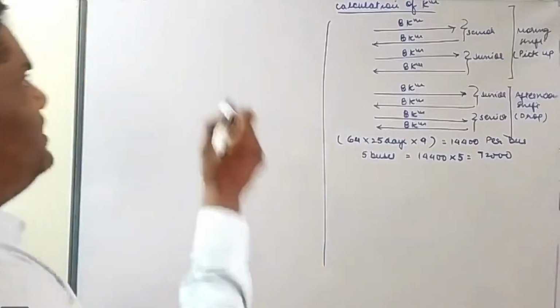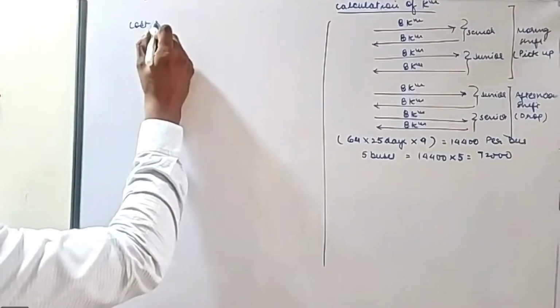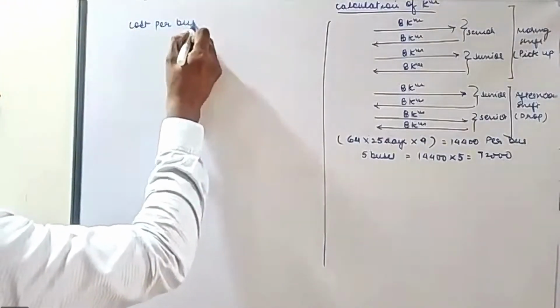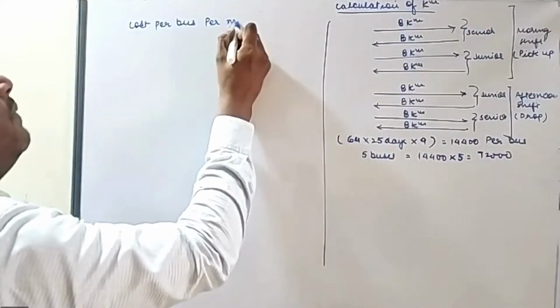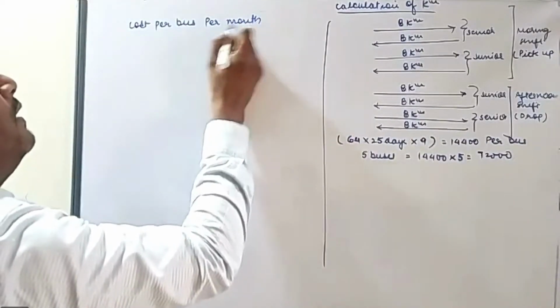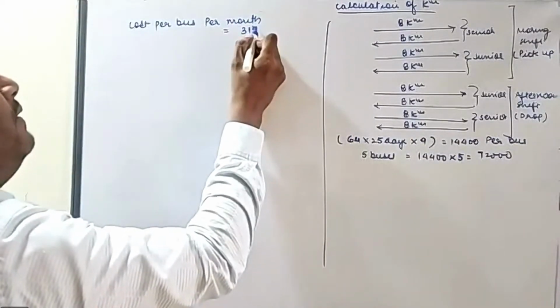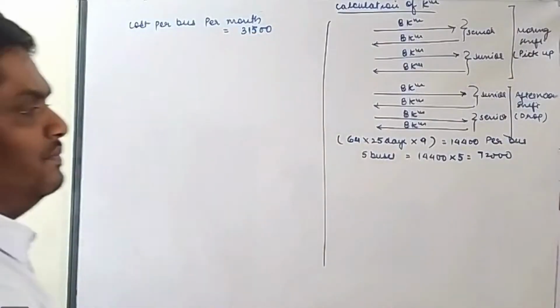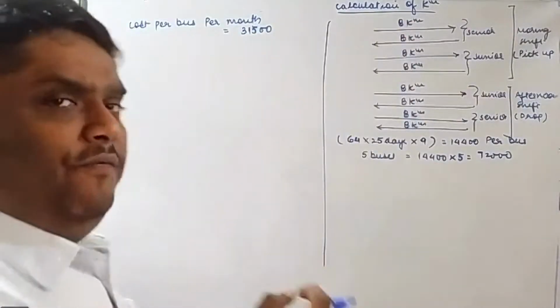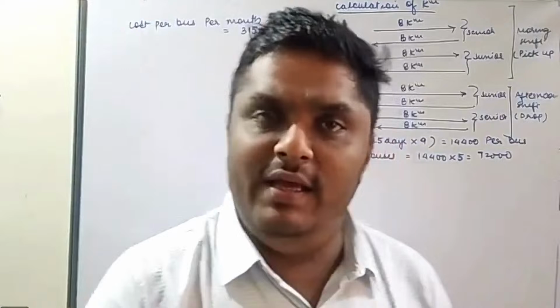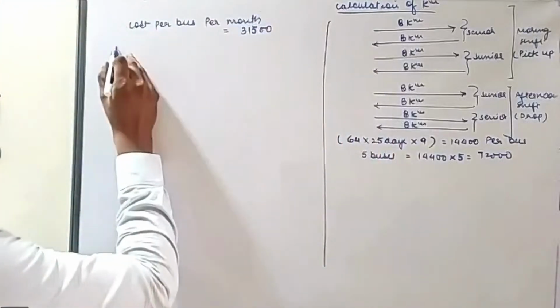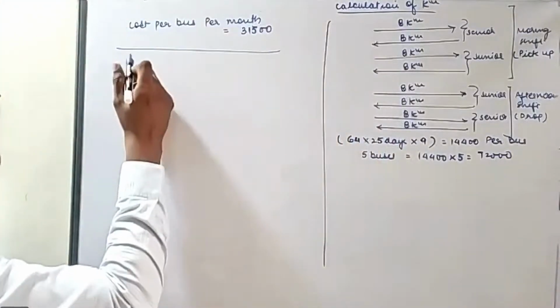Now let's take a question. Cost per bus per month, 31,500. Now the same question, 50 are junior, 50 are senior, but a slight change in the question.